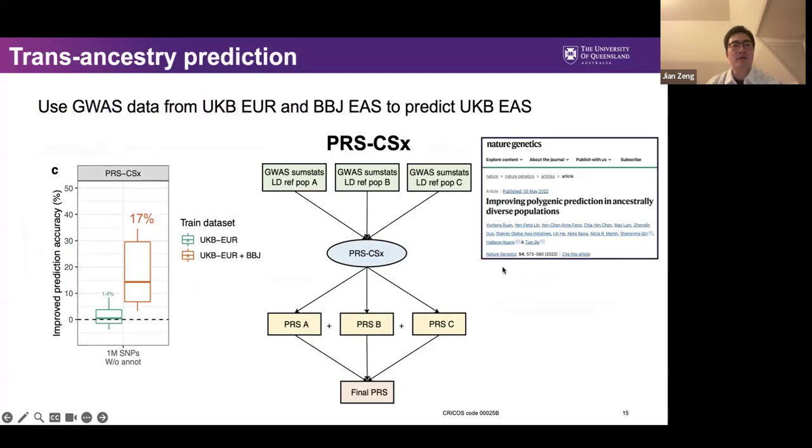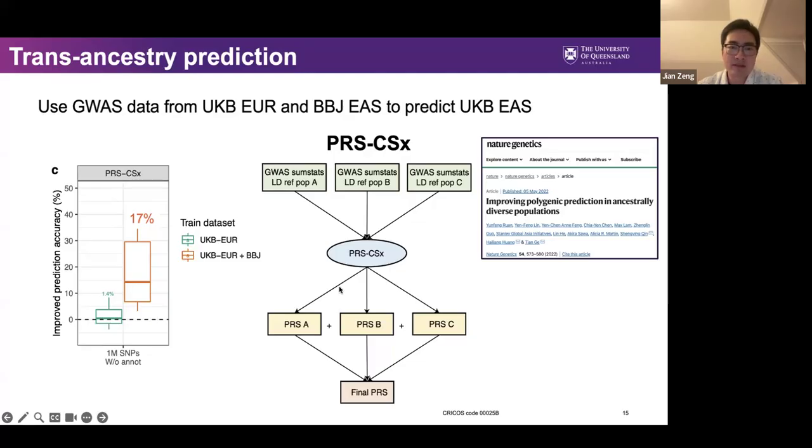All right, how does it perform? Of course, we did simulation, and we did both within-ancestry and cross-ancestry prediction. Here, due to time, I just show you the results for our cross-ancestry prediction. The goal is to use the GWAS data from the European ancestry and predict the East Asian ancestry in UK Biobank.